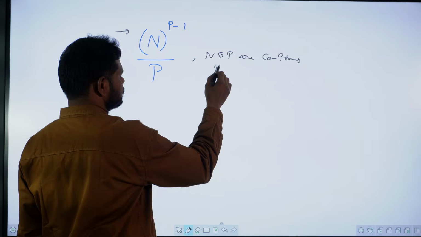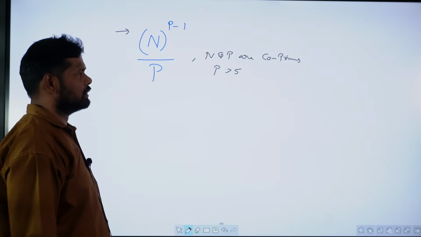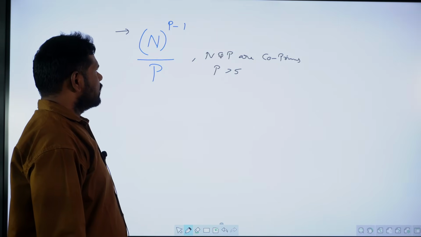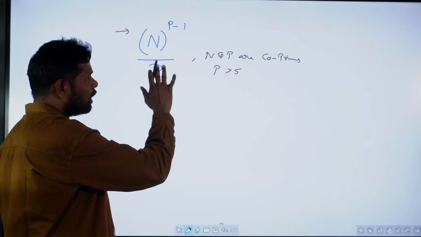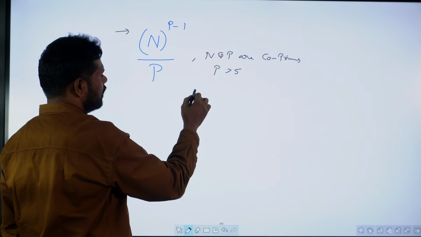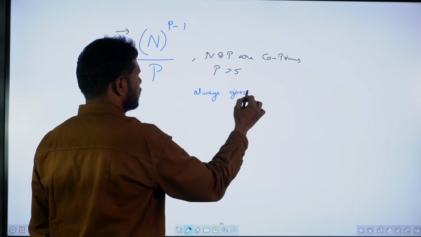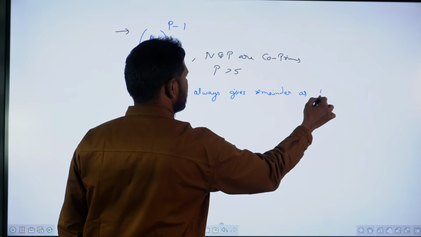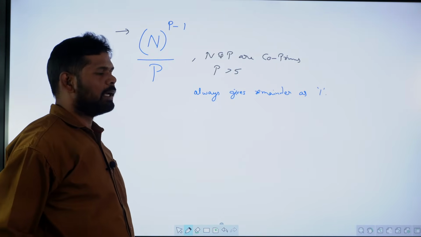And p is greater than 5. When these conditions are satisfied, it always gives remainder 1.